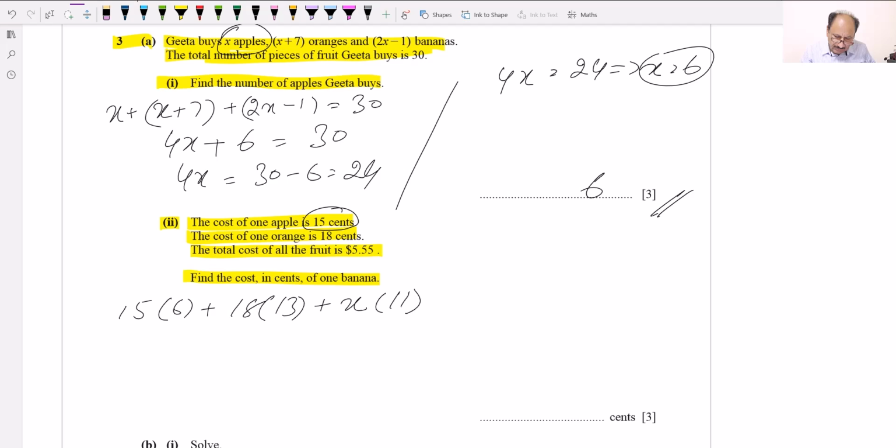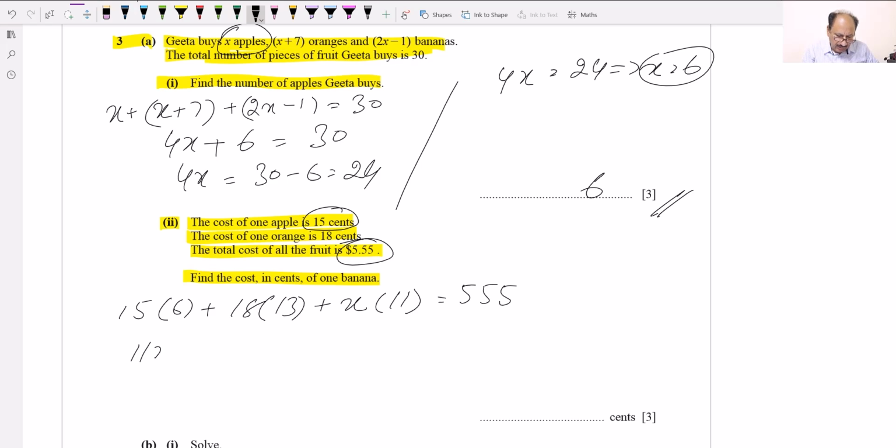Hopefully you understood this. Now this is equal to what? This is equal to 555, basically 555 cents. So we multiplied by 100, and now we will be just simplifying.